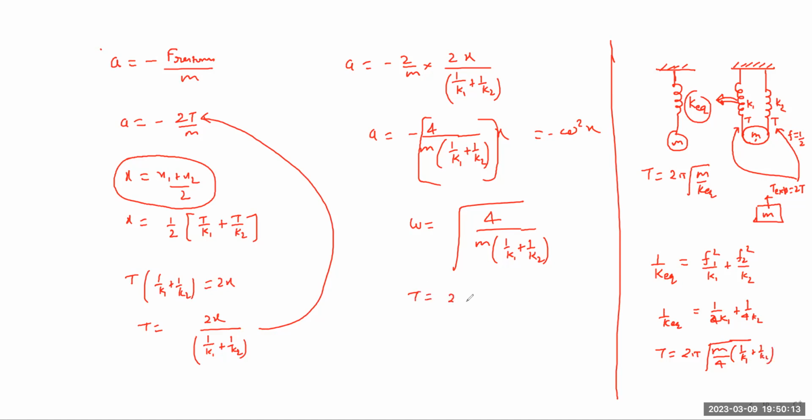I think this is the same answer. No, this looks different. How to write this? You can do it by omega. Yeah, that's correct. Same answer. So this will act as a direct conversion method for any spring.